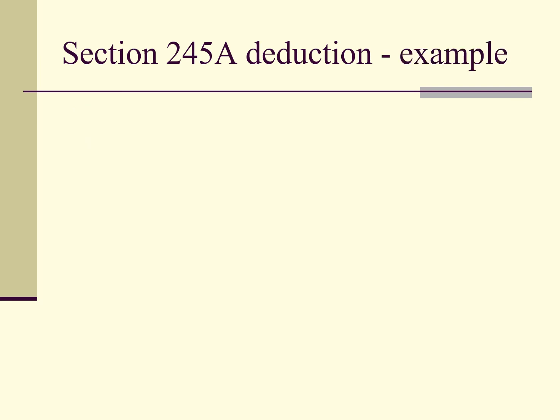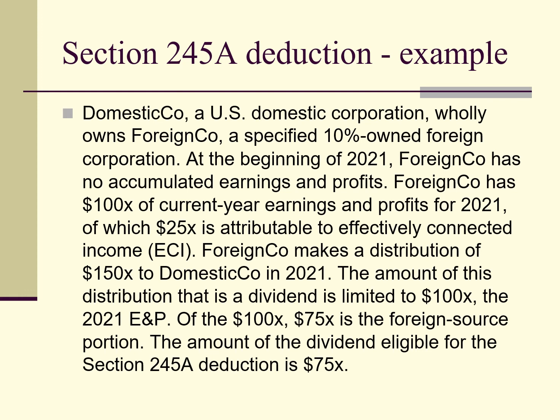Here's an example of Section 245A from the text. Domestic Co., a U.S. domestic corporation, wholly owns Foreign Co., a specified 10% owned foreign corporation. At the beginning of 2021, Foreign Co. has no accumulated earnings and profits. Foreign Co. has 100x of current year earnings and profits for 2021, of which 25x is attributable to effectively connected income.